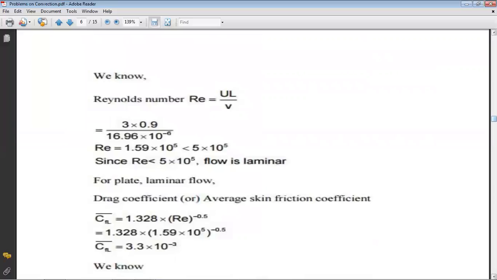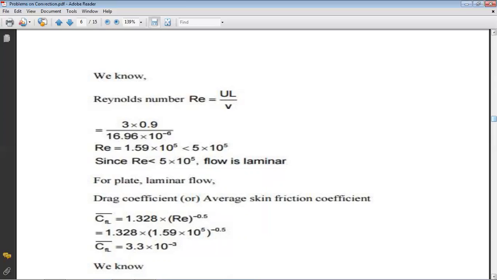Again, first we need to know whether the flow is turbulent or laminar, which will be determined by the Reynolds number. The velocity is given and the length of the plate is 0.9 meter. If you substitute the value of kinematic viscosity, you will have the Reynolds number as 1.59 into 10 raised to 5, which is less than the critical Reynolds number.